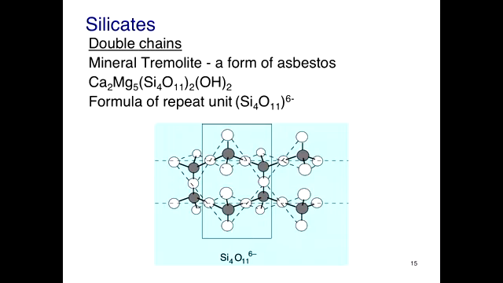Just do your simple arithmetic. 4 times plus 4 is plus 16. 11 times minus 2 is minus 22. Overall charge minus 6. If it's right, I should have 6 terminal oxygens. How many do I have? 1, 2, 3, 4, 5, 6. So it's Si4O11 6-. So quite a nasty mineral, that one.